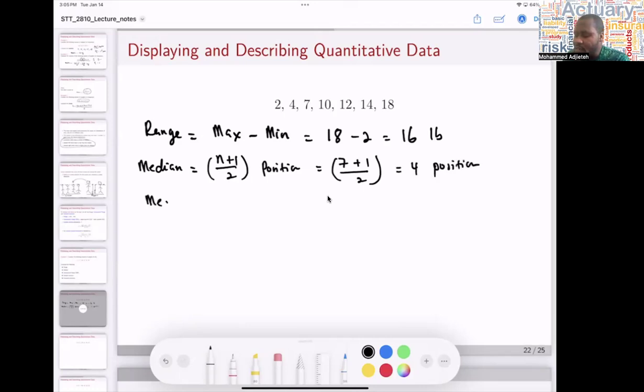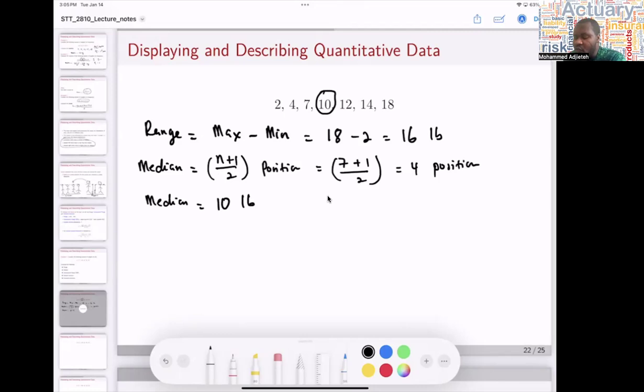What is the fourth position? 10 pounds. That is the median.